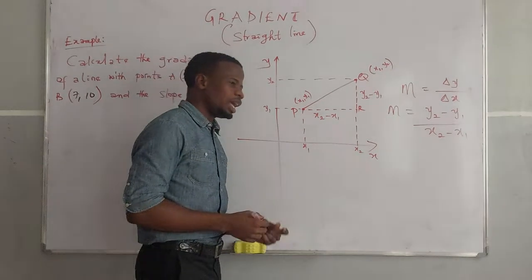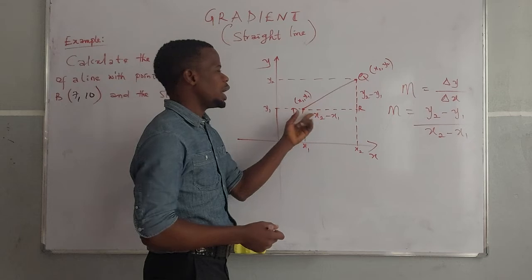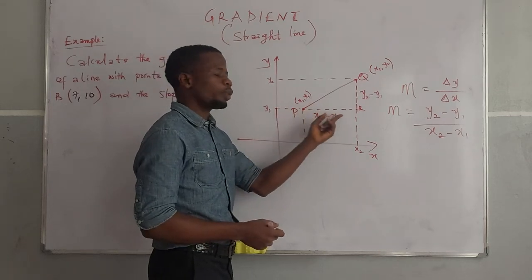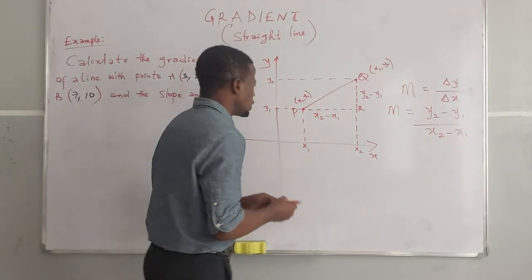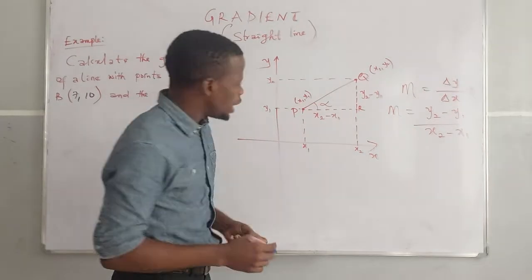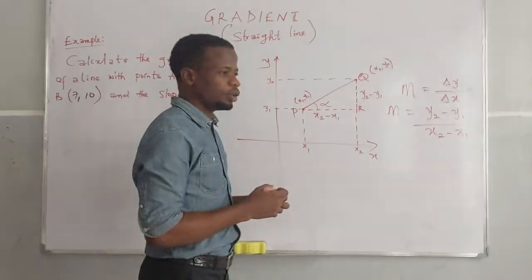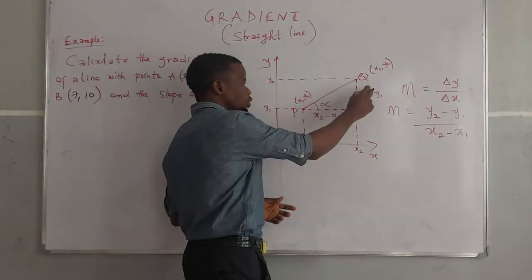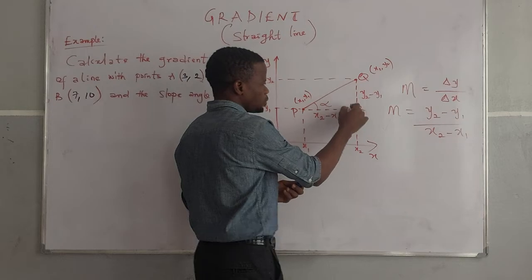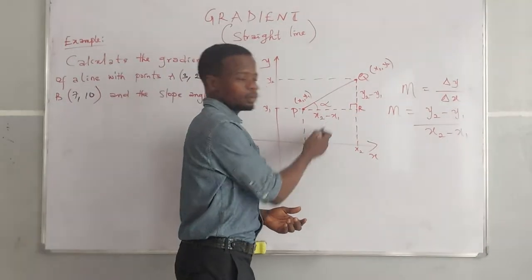There is another thing: an angle that is formed between the slope and the positive horizontal axis. This angle, we call it alpha. Now, the relationship between alpha and our gradient, observe very well. From here, you observe that this is a right angle triangle, so this is opposite and this is adjacent.